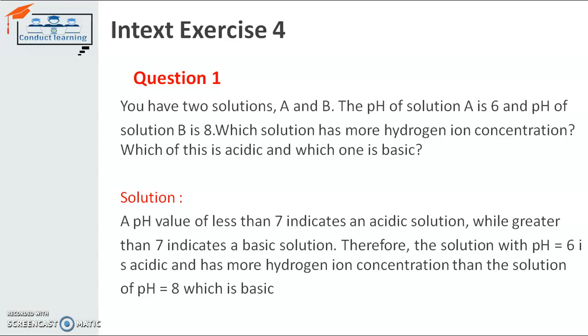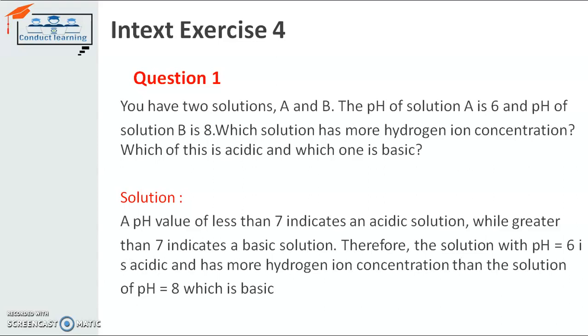So if you check the pH scale, you will find that 7 is the number for neutral. That means 7 is neutral, which is not acidic, not basic.